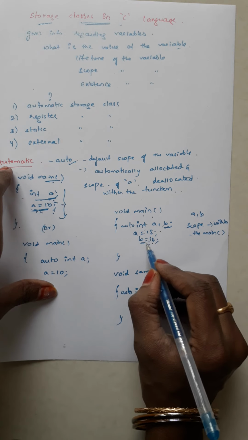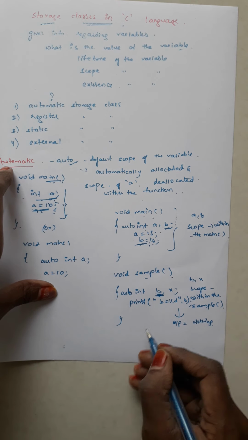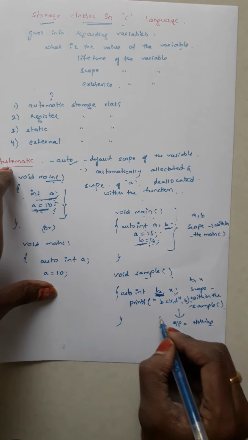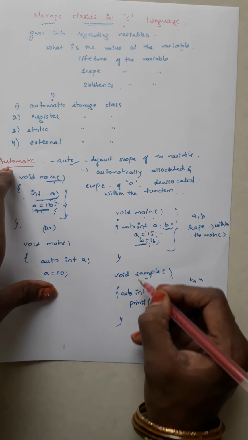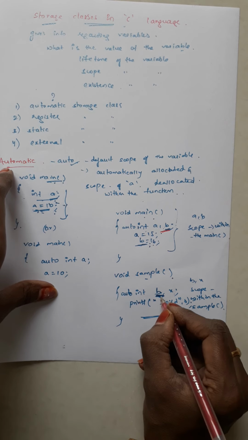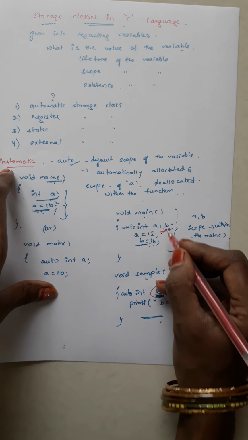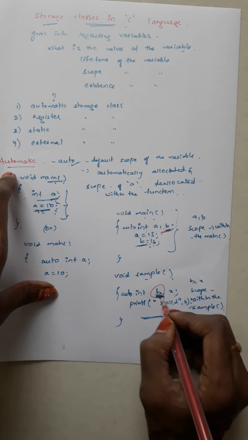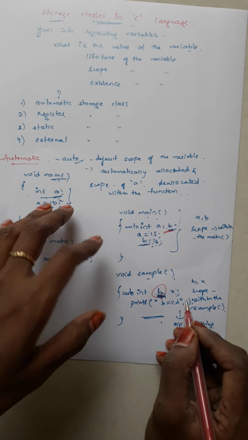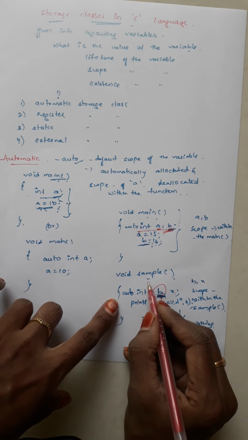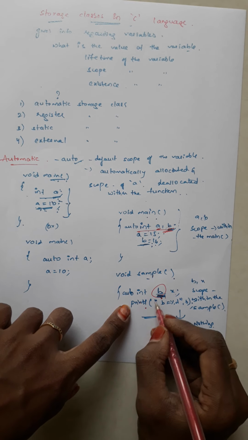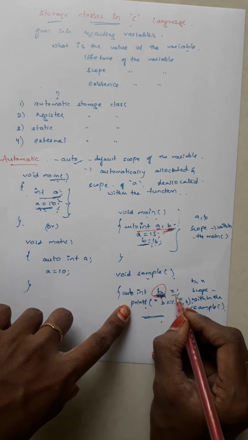Okay, so what is the scope of this variable? Within the main function. What is the scope of this variable? Within the sample function. So there is no relation between the b defined here and the b defined there. Automatically they are created. When the main function execution starts, memory is allocated to a and b. When the sample function starts, memory is allocated for b and x.